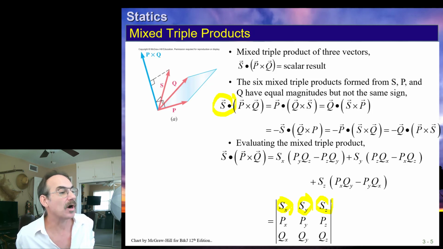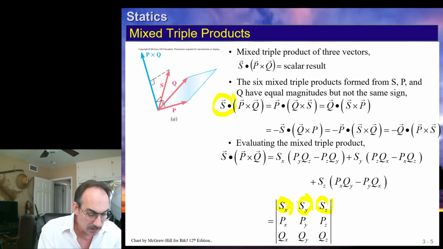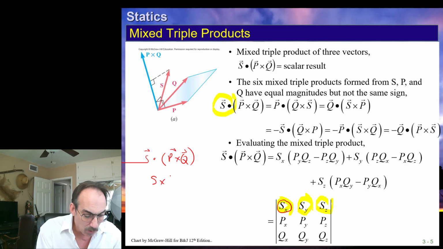What this means is we're going to have S. Remember, the way this works is we're going to go like this. So let's do it this way. This mixed triple product, S dot P cross Q, is going to be like this. We're going to take this first guy, SX, and we're going to multiply him by this little vector here.